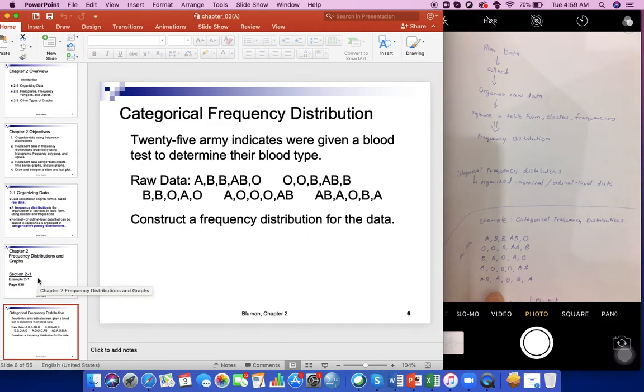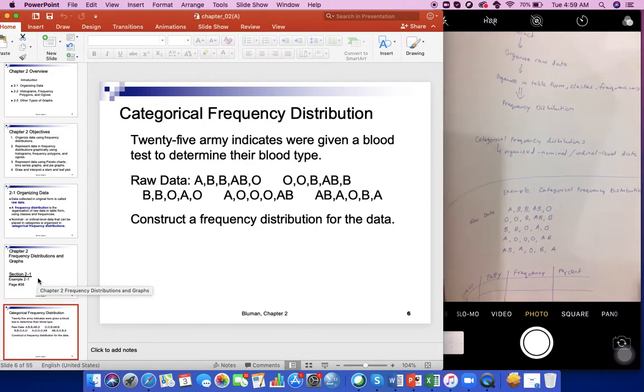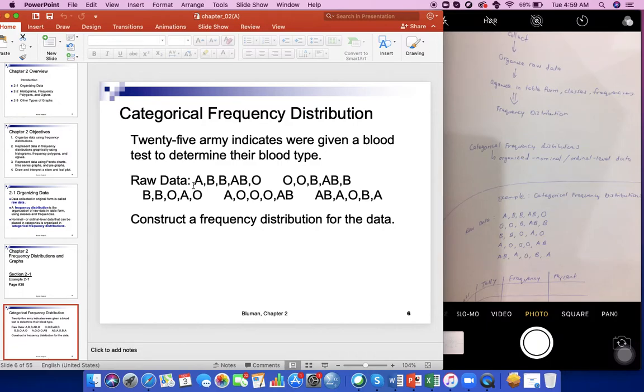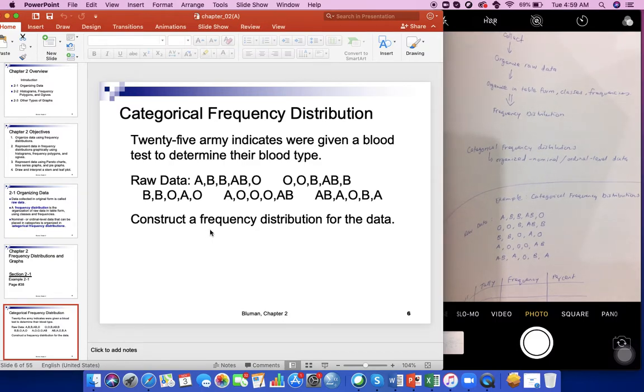Okay, let's take a look at the first example. The first example is about 25 army recruits who were given a blood test to determine their blood type. So we have the raw data of the blood: AB, B, AB, O, until A. How to construct a frequency distribution for the data?